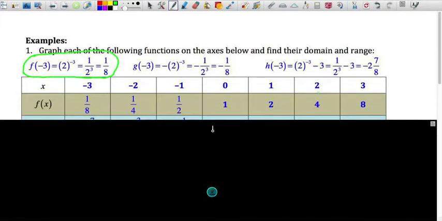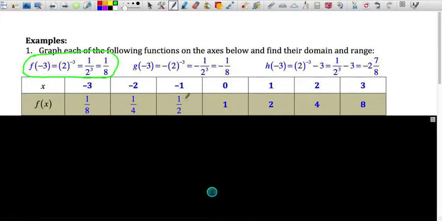And so if we go to the f of x, these are the values that you should have obtained for the f of x function. Of course, the f of x function is 2 to the power of x. So if you subbed in minus 3, as you can see from above, that calculation is shown, and our y value should have been 1/8.